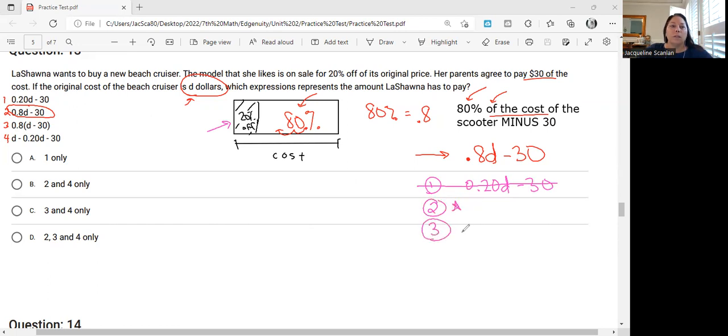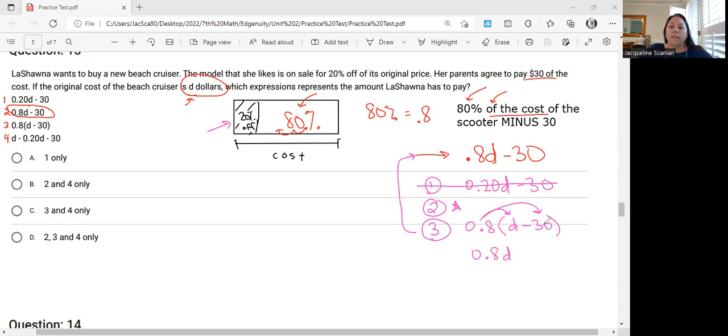Let's look at number 3. Number 3 says 0.8 times D minus 30. And we're trying to figure out if this gives us the exact same expression as this. In order to figure that out, I'd need to distribute it. 0.8 times D is 0.8D.